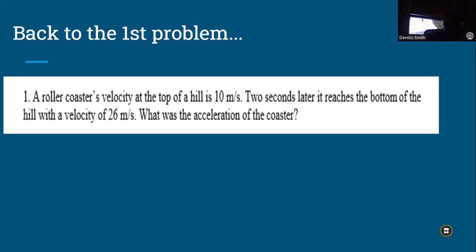You're left with 2a divided by 2 seconds, and you're left with acceleration equaling 8 meters per second squared. Okay, divide by 2 right here, and then you end up with 8 meters per second squared. Okay, so that's how you do it.